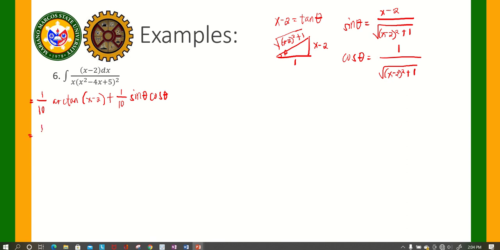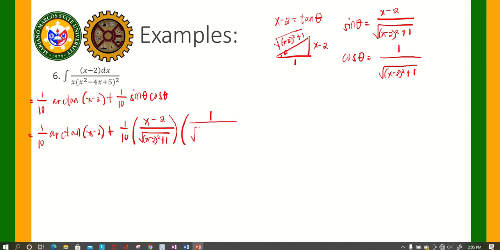So, this will be equal to 1 over 10 arctan(x minus 2) plus 1 over 10 times our sine theta, x minus 2 all over the square root of x minus 2 squared plus 1, and then multiplied by your cosine theta, that is 1 all over the square root of x minus 2 squared plus 1.